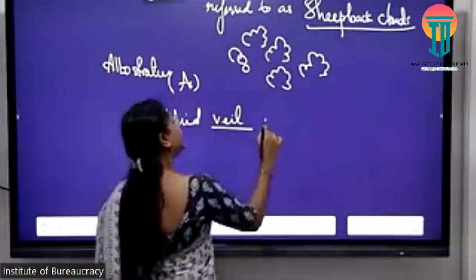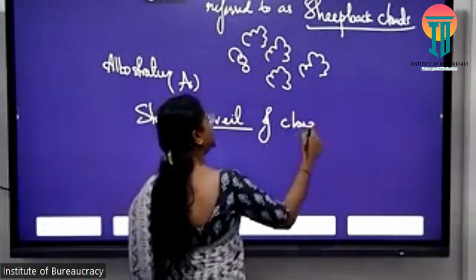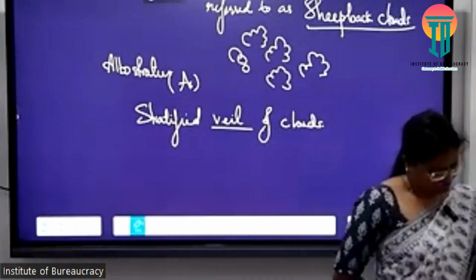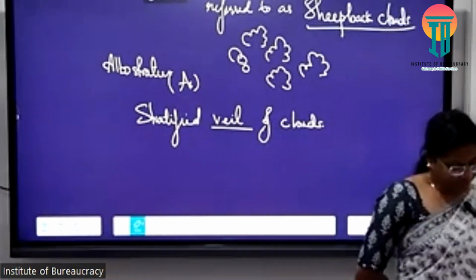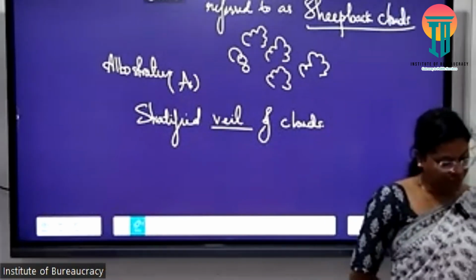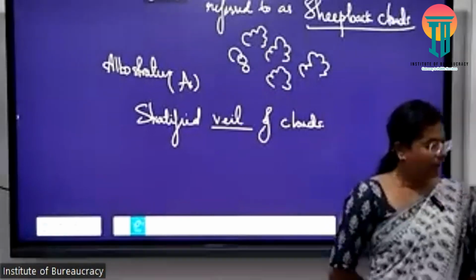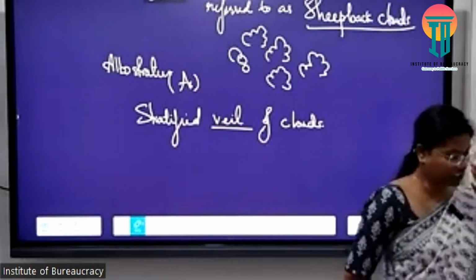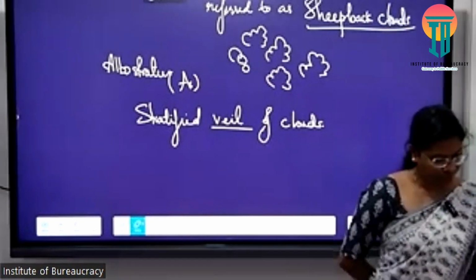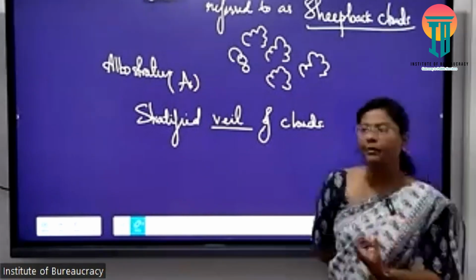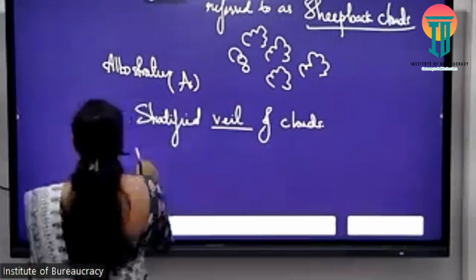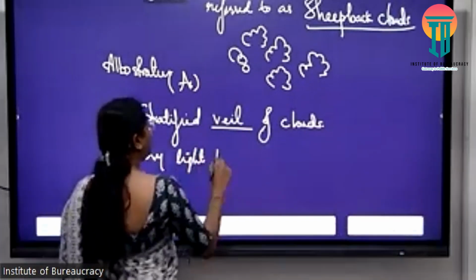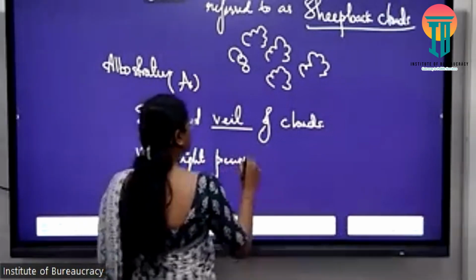The stratified veil of clouds is generally thin and may produce very light precipitation.